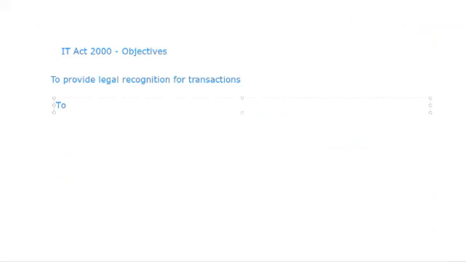These are the different objectives the IT Act 2000 is prepared keeping in mind: to facilitate electronic filing of documents with the government agencies.